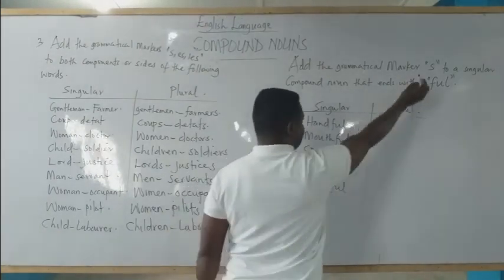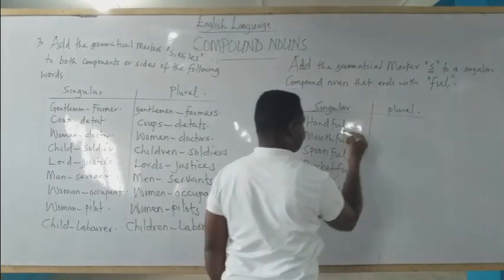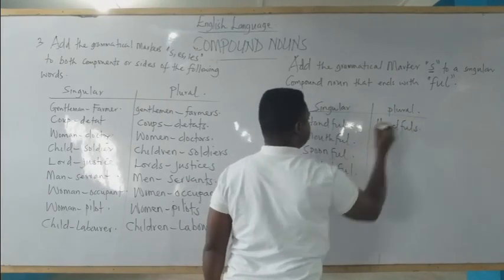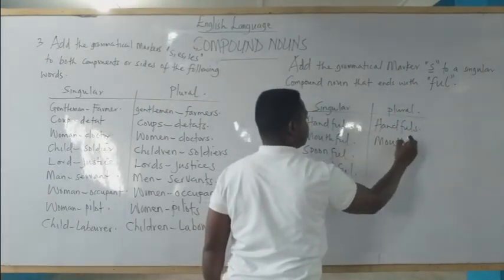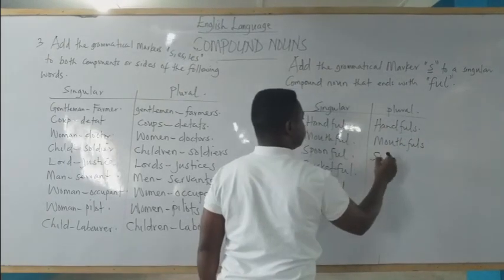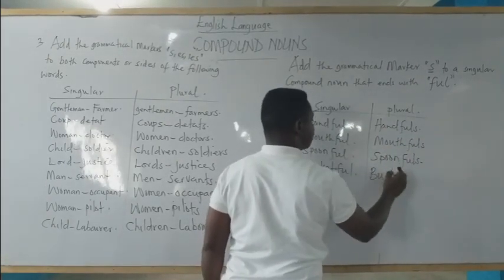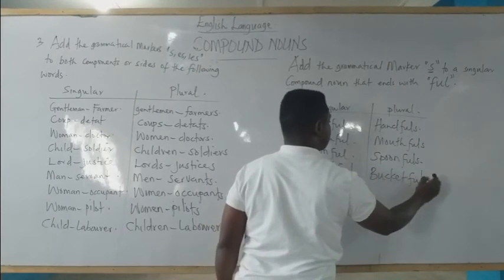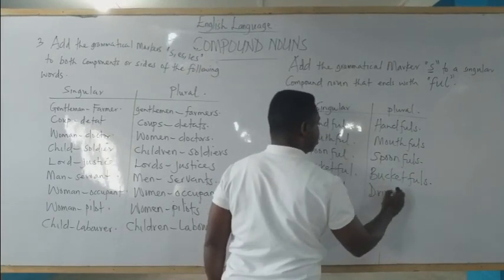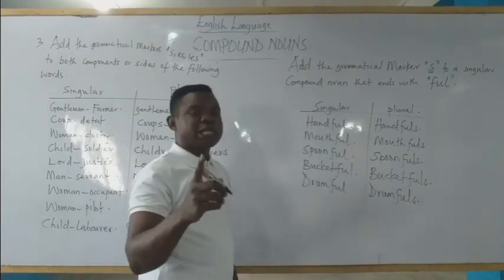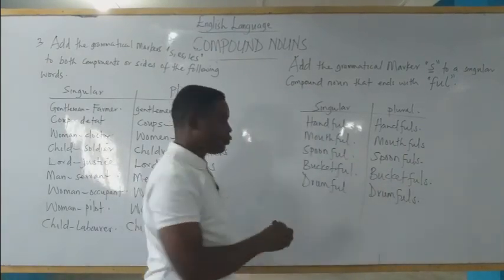To form the plural, what do you add? Just S. So this one becomes what? Handfuls, mouthfuls, spoonfuls, bucketfuls, and then what? Drumfuls.